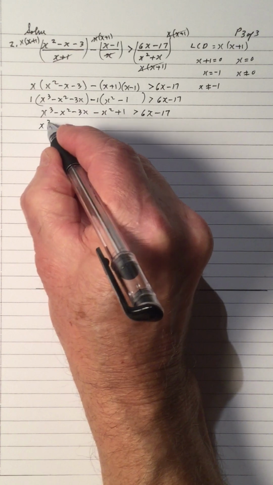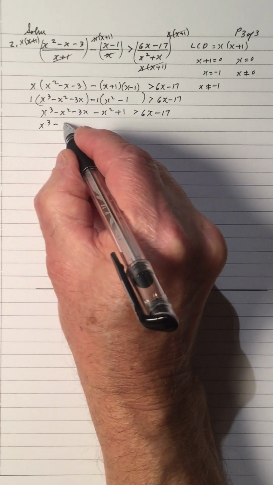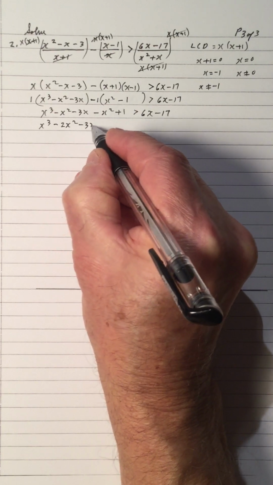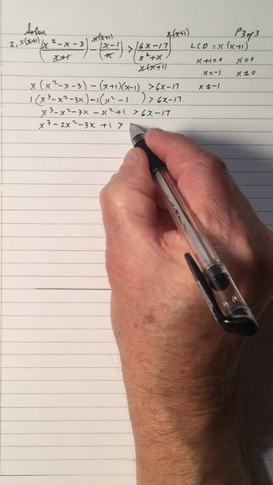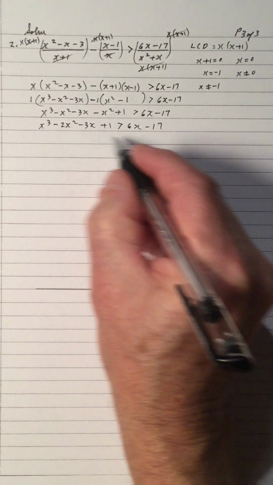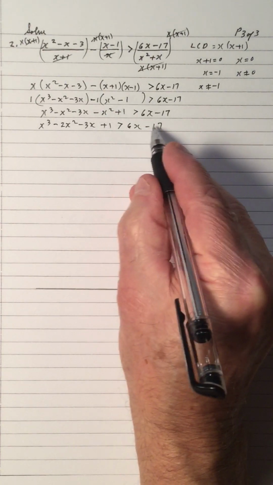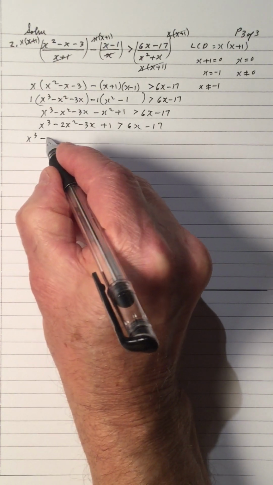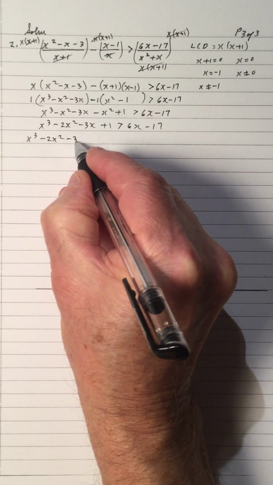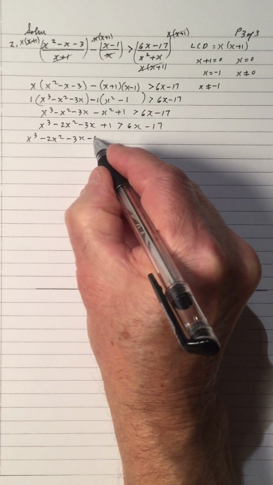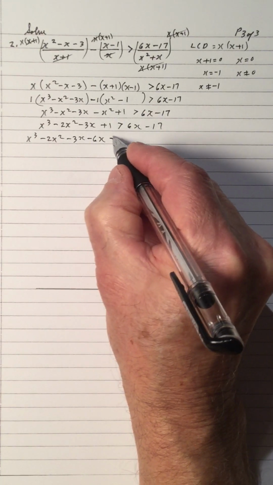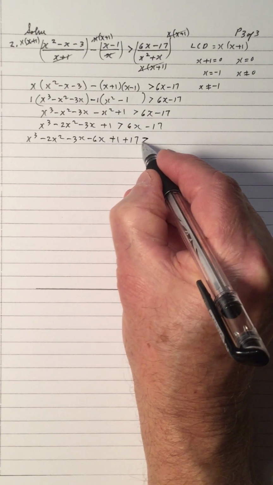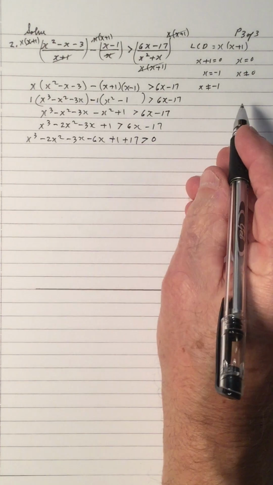So let's go x cubed minus, add these two, minus 2x squared minus 3x plus 1 greater than 6x minus 17. And I bring this binomial over here, so I get x cubed minus 2x squared minus 3x minus 6x plus 1 plus 17 is greater than 0.